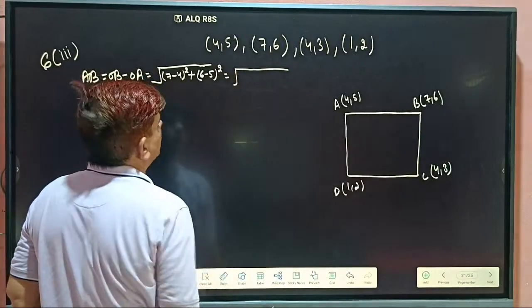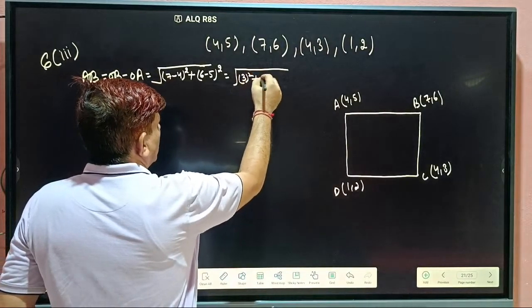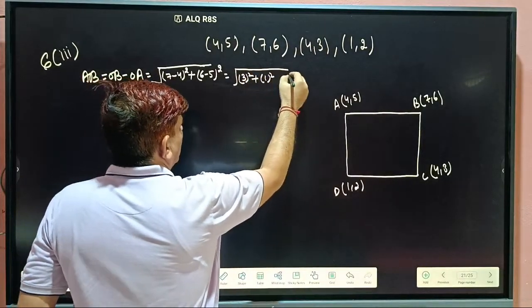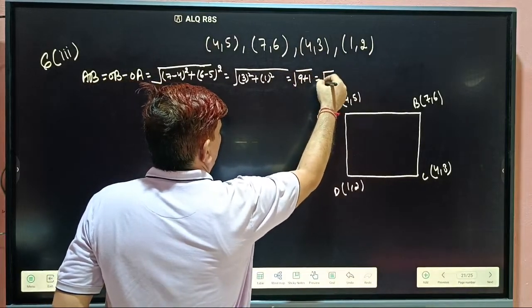What is that? 7 minus 4, 3 square, plus 6 minus 5, 1 square, is equal to 9 plus 1, is equal to under the root 10.